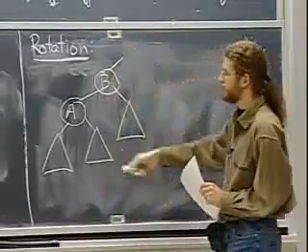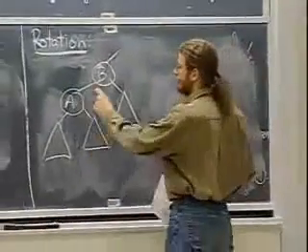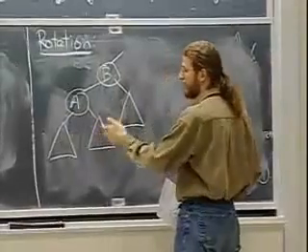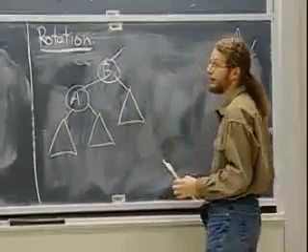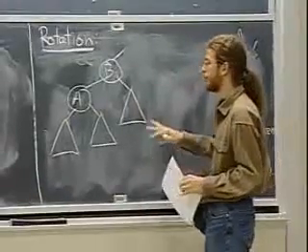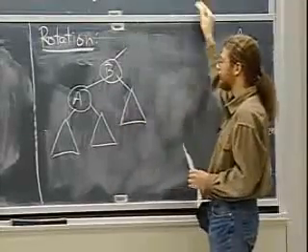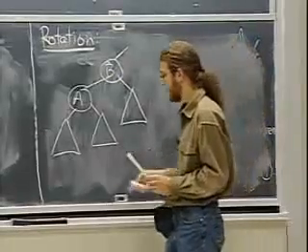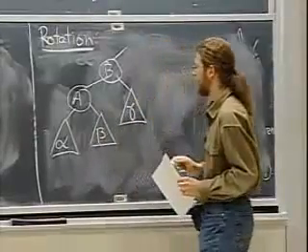This is a way of drawing a generic part of a tree. We have 2 nodes A and B. There's some subtrees hanging off, which we draw as triangles. We don't know how big they are. We know that they better all have the same black height if it's a red-black tree. But in general, it just looks like this. There's some parent and there's some rest of the tree out here, which we don't draw. I'll give these subtrees names, Greek names, alpha, beta, gamma.